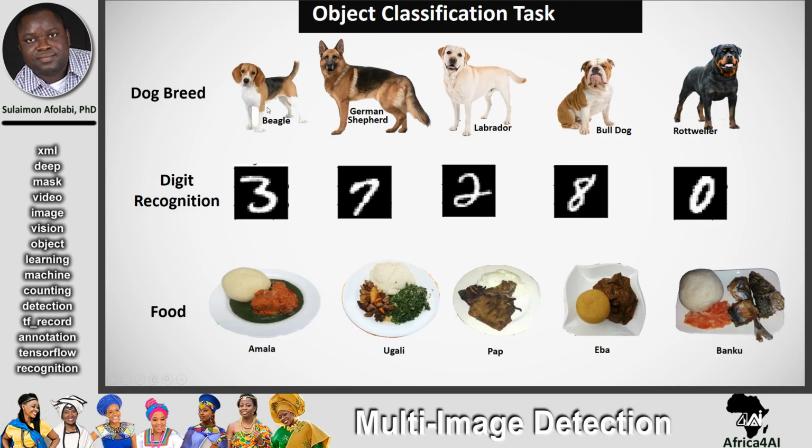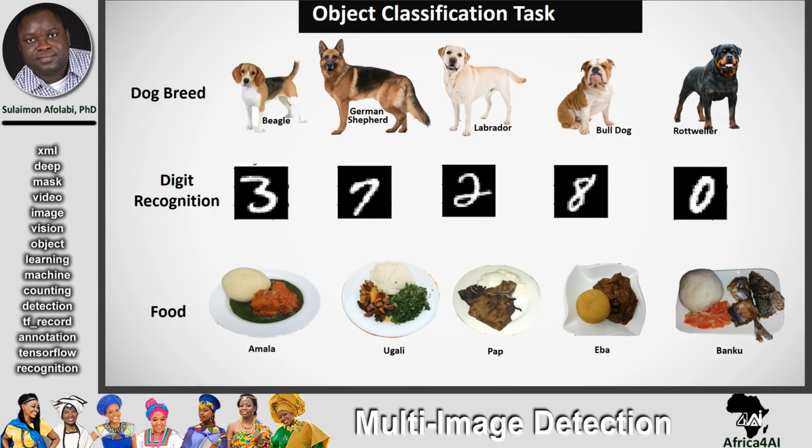The number 3 is food. You can see African delicacies on your screen. Is it amala? Is it ugali? Is it pap? Is it eba? Is it banku? You are given a set of images and told to classify. And the images may overlap greatly, just like in the dog breed classification competition that was hosted on Kaggle.